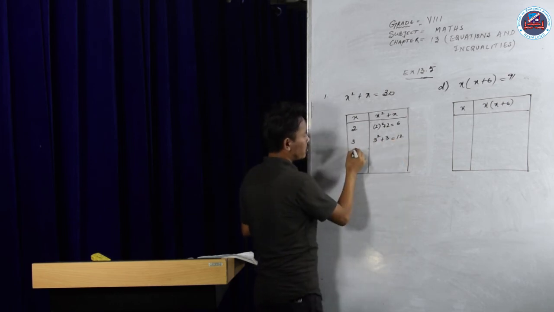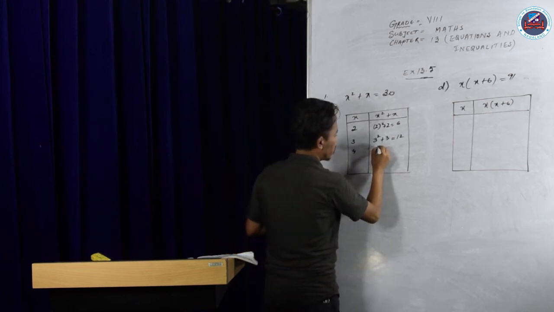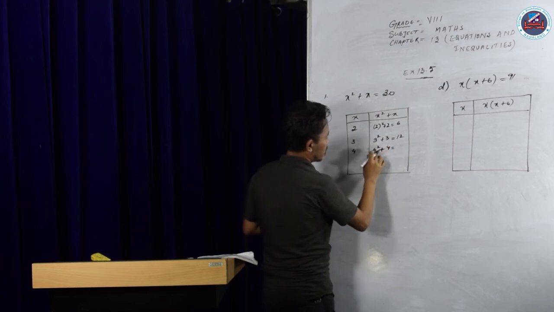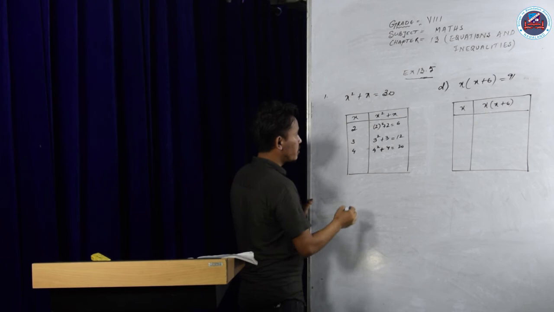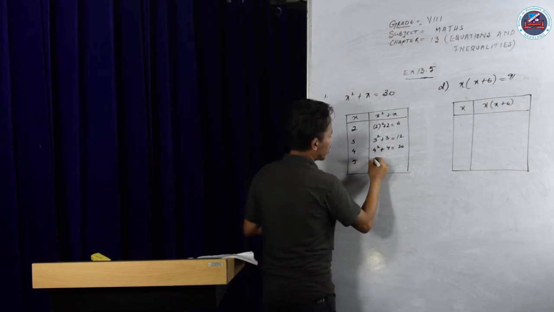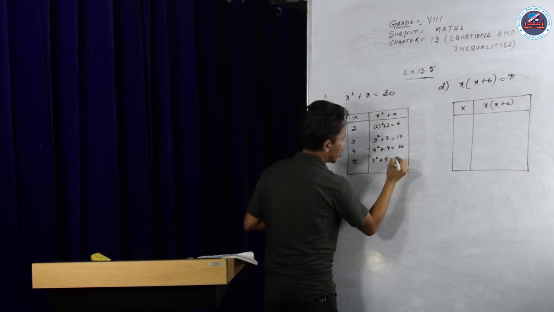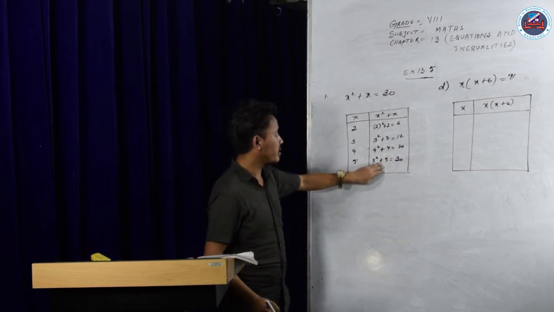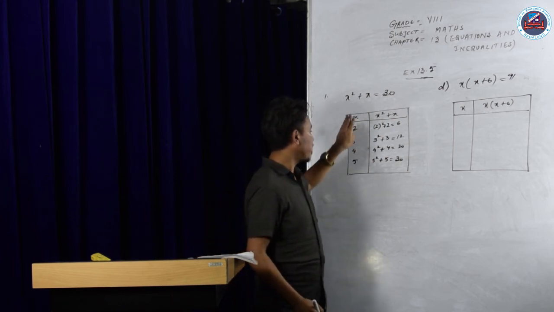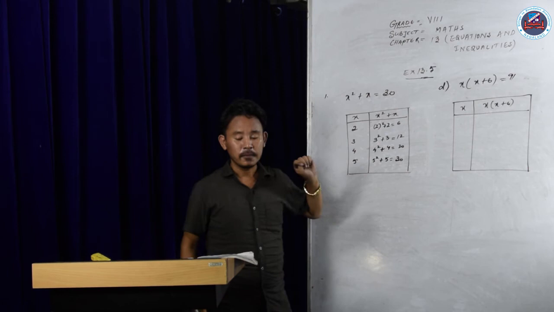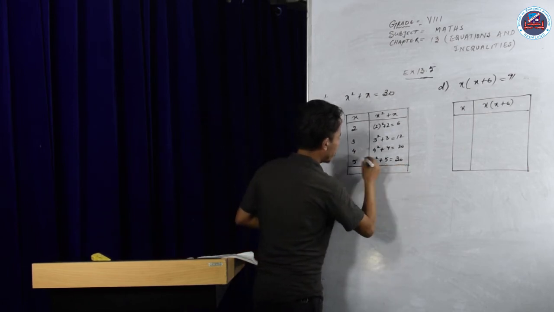Now when we use 4, we get 4 squared plus 4, that is 16 plus 4, 20, right? When we use 5, that is 5 squared plus 5, that is 30, right? So on using the value of x as 5, we get the exact positive solution, right?